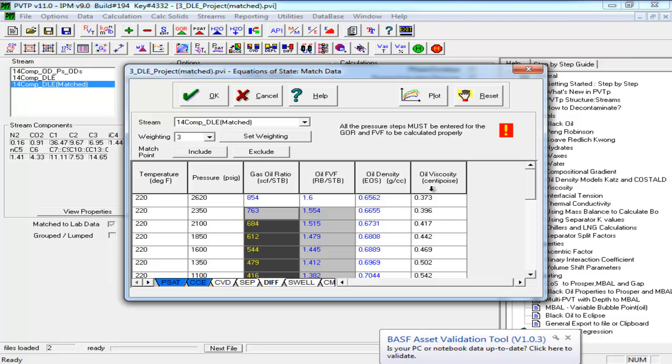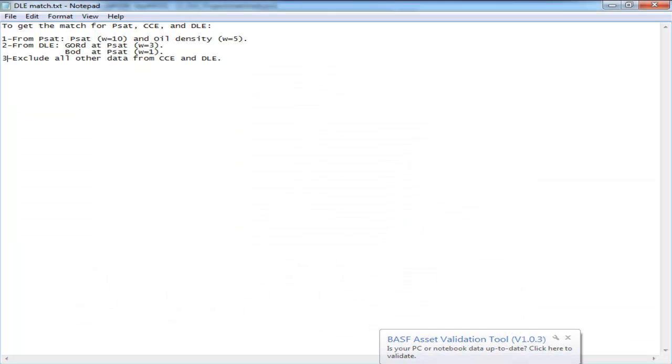So that's why I exclude them, this and this. So now we will try. So this is the procedure. It says, okay, take the RS at saturation pressure with this weight, take this with this weight, and exclude all other data from CCE or DLE.